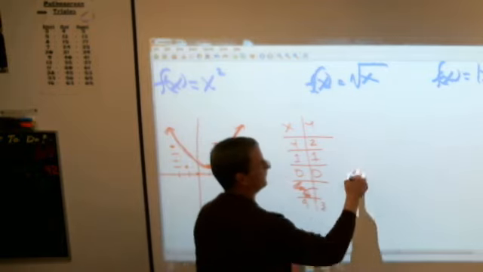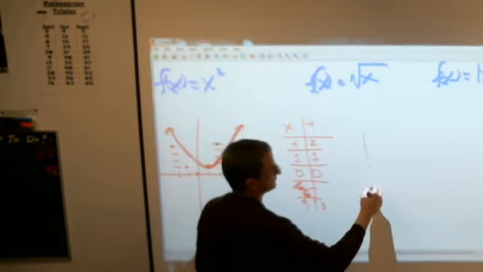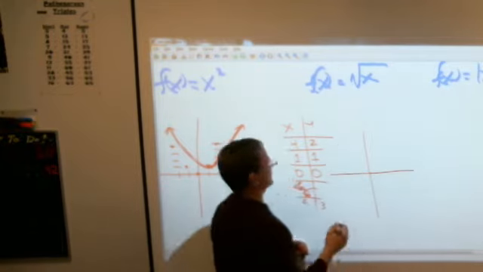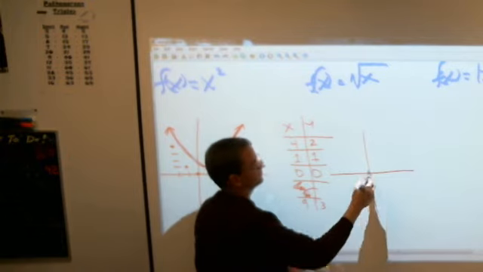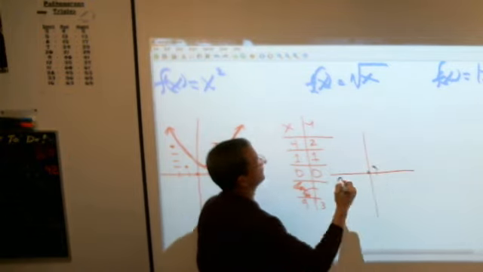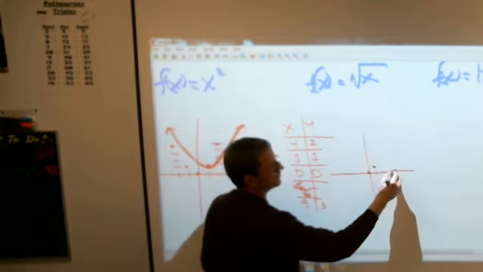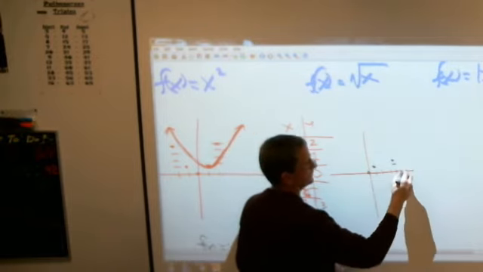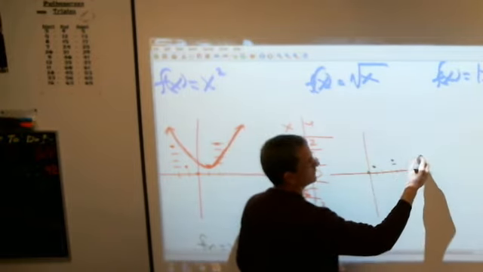What is the graph of this? Here's my graph.